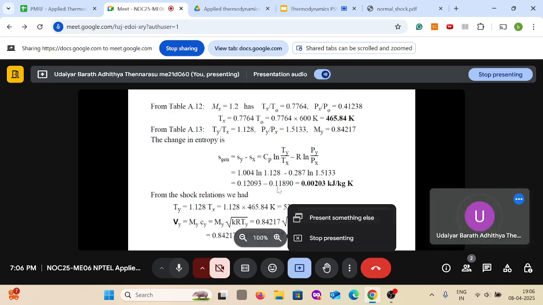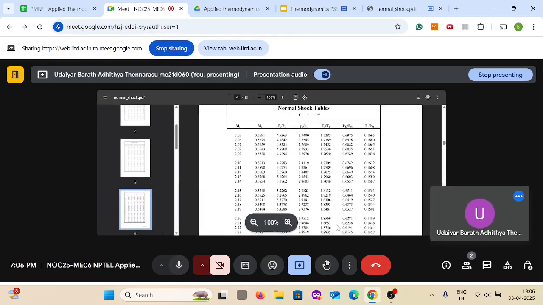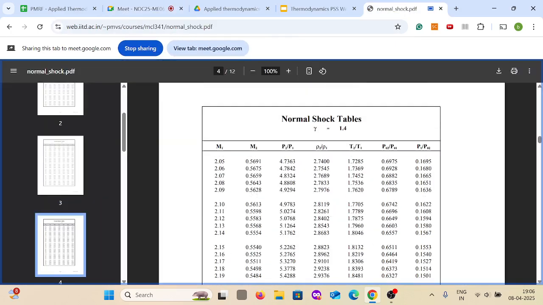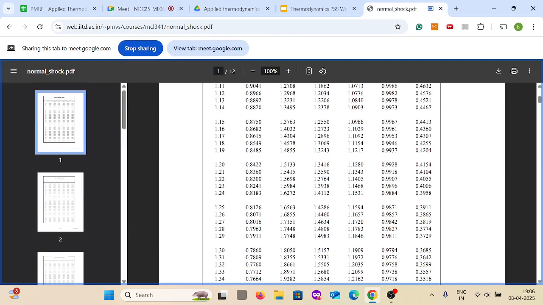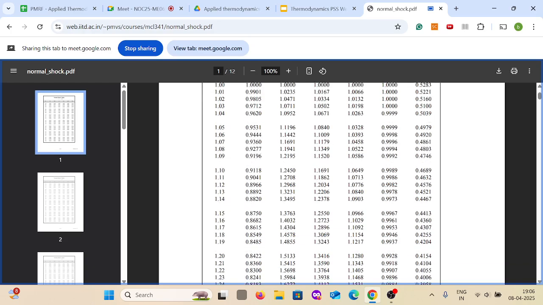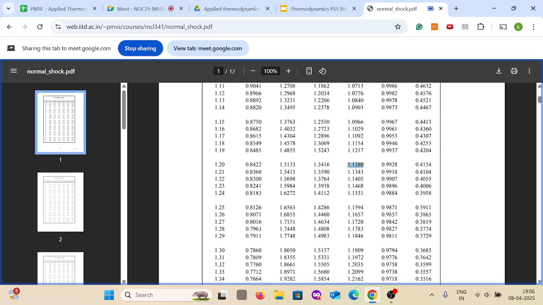So I'll present again the shock table. We know the Mach number is 1.2. So for this condition, your T2 by T1 is 1.1280.